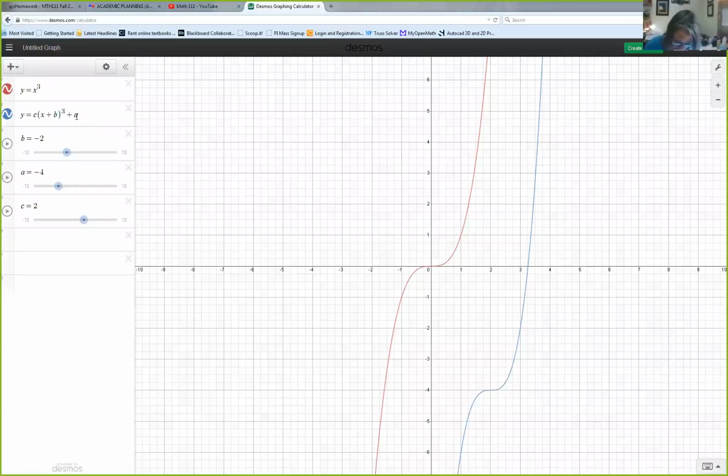I want you to describe how the graph of f of x equals 3 over x minus 2 relates to the graph of... There you go.